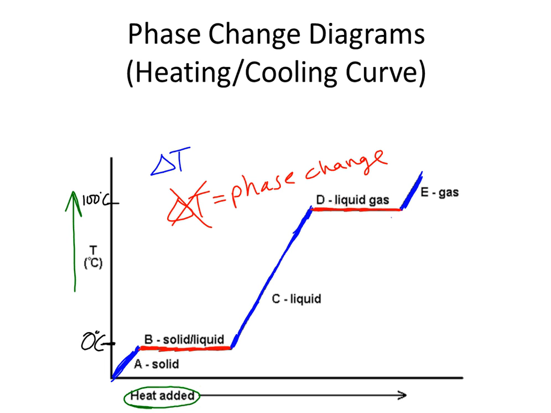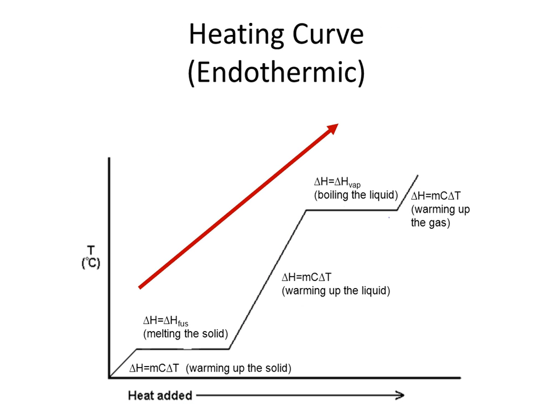It's just based on what direction you're going with it. If I am heating, like this heating curve, that means I'm putting heat into the system. That's an endothermic process.